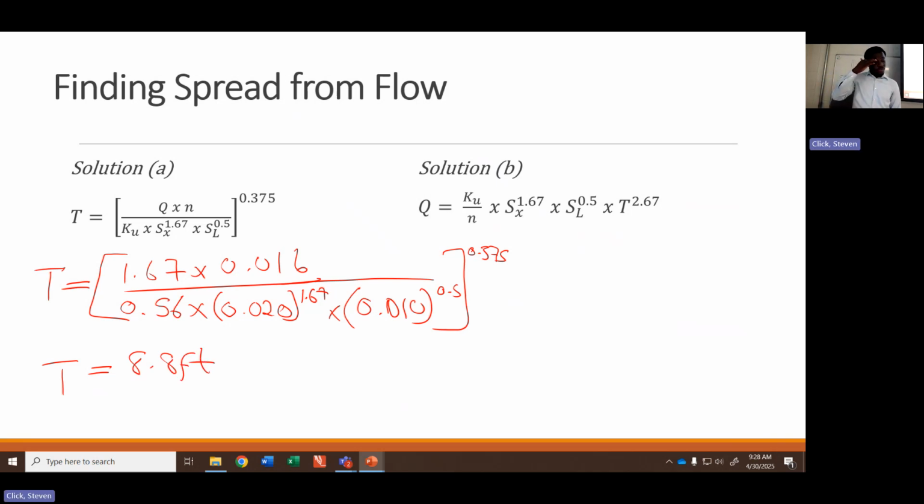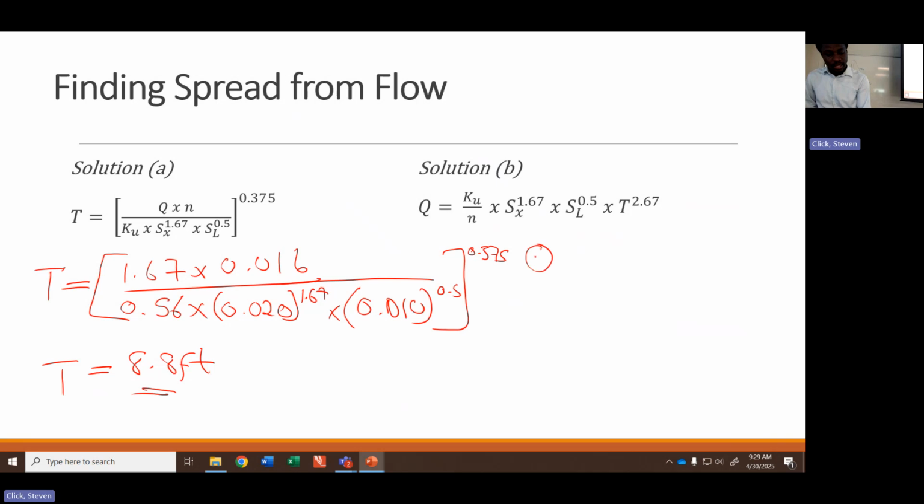Since our spread from this selected slope is larger than the allowable spread given by T dot, we have to go back and select another value to make sure that the value we are getting for the spread is less than the allowable spread before we can move on, to know that for this particular flow, our spread is within the requirements given by T dot.